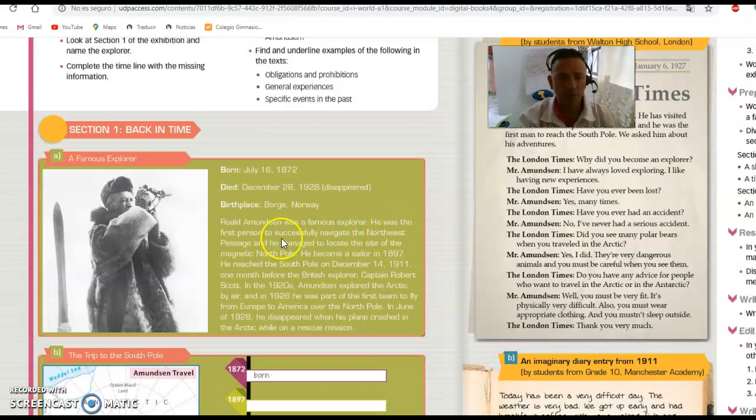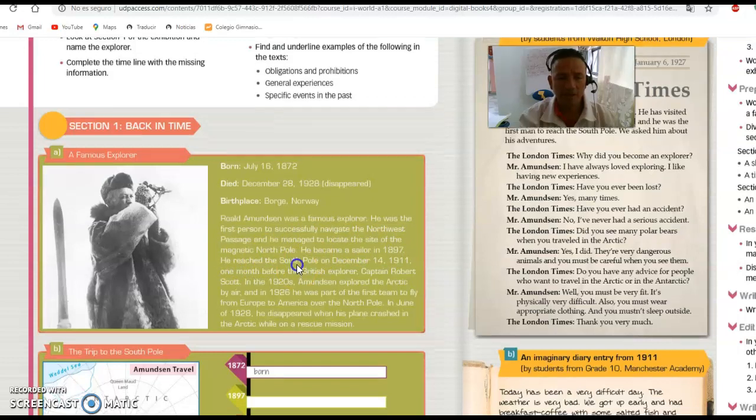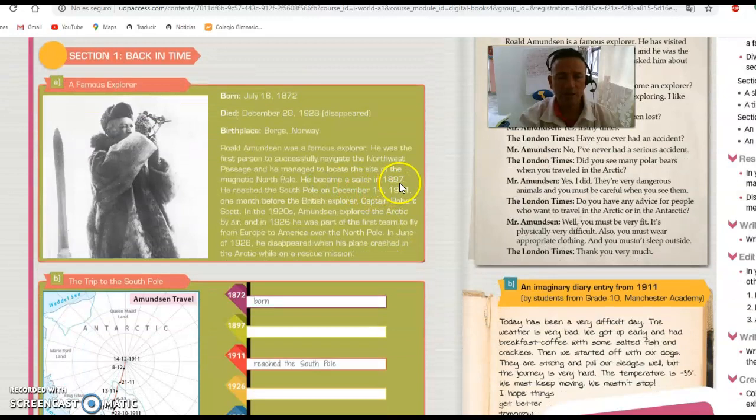He was the first person to successfully navigate the Northwest Passage, and he managed to locate the site of the magnetic North Pole. He became a sailor in 1897, and he reached the South Pole on December 14, 1911, one month before the British explorer Captain Robert Scott.